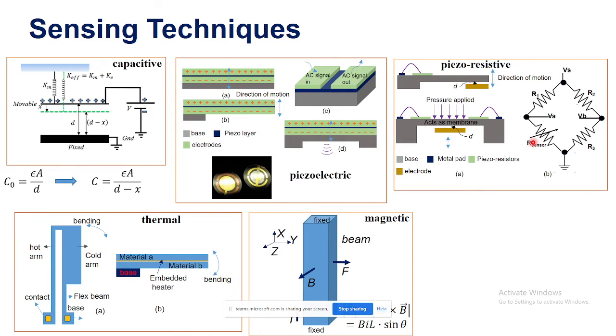And when the resistor undergoes a change because of the applied force or any applied quantity, let's say pressure or whatever, we see a voltage difference generated, and that voltage difference can be correlated to the resistance change, and the resistance change can be correlated to the motion.